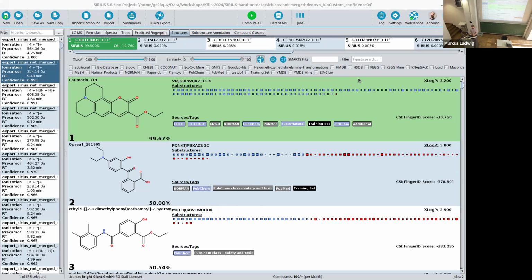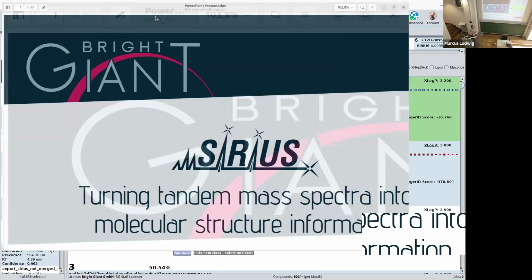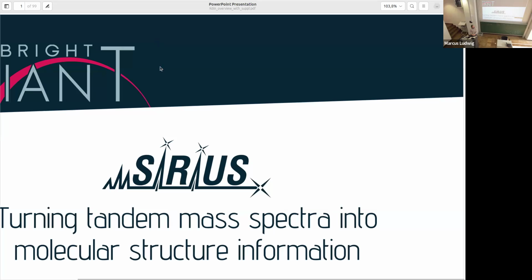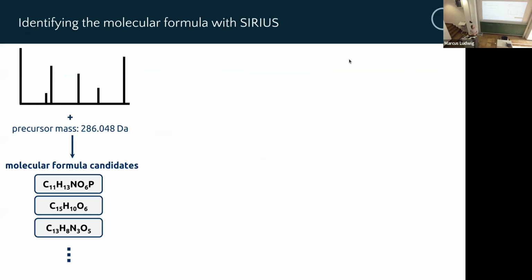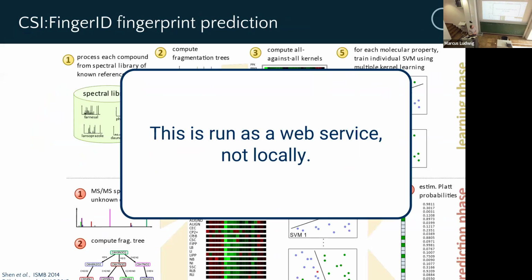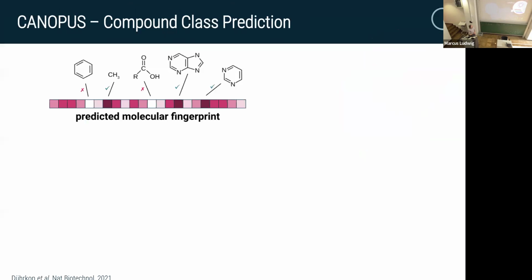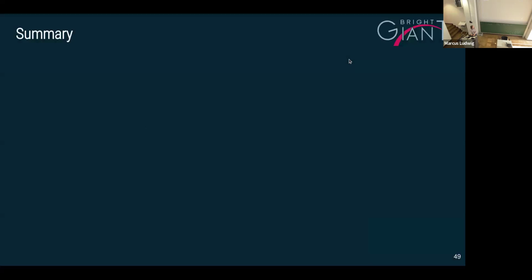Just as a teaser, I want to use the last very minute. We have a Sirius 6 version, so I'm sorry, some of the features we looked at here will slightly change in the new version.